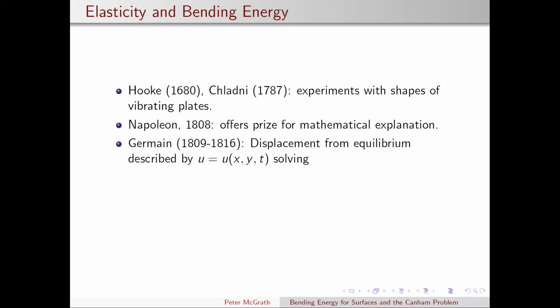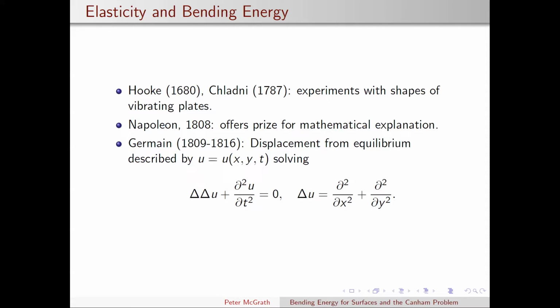The first progress in this direction was by Sophie Germain, who understood the partial differential equation which governs the position of the displacement of the plate. If U represents the height above the equilibrium of the plate, X, Y are the spatial variables on the plate, and T is time, she derived this somewhat nasty fourth order partial differential equation for U.